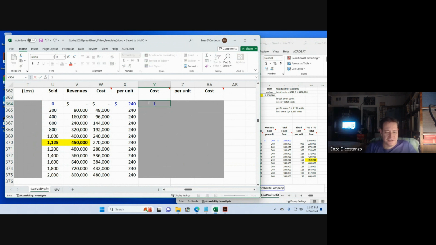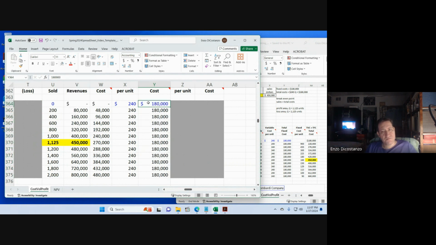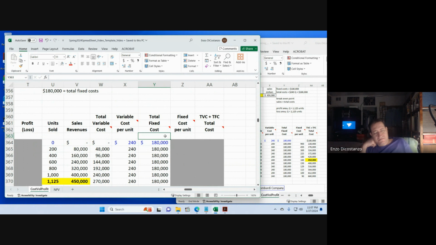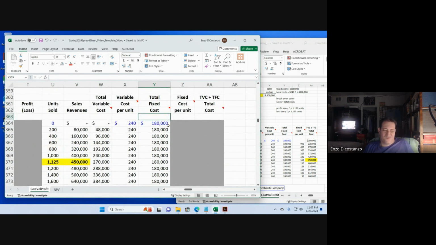Total fixed cost. Okay, that's your total fixed cost.